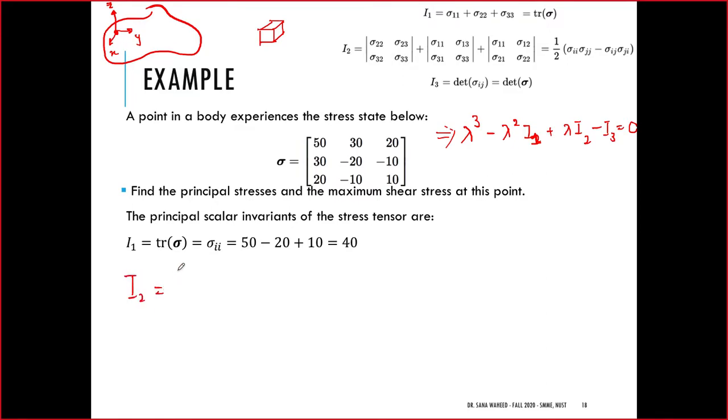So I2 is the determinant of the sigma 22, sigma 33 block. Okay, so minus 20, 0, 0, 10, plus the sigma 11, 33 block, मतलब I'll write it down.